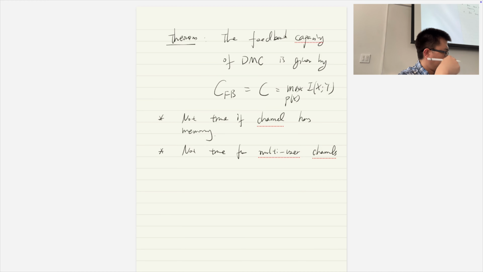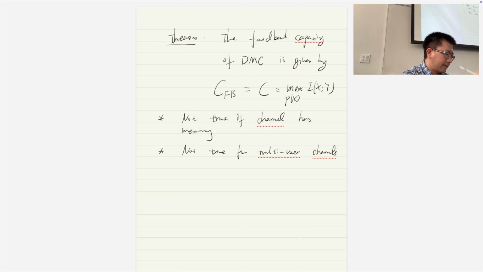Feedback can achieve much larger capacity. For example, let's say we consider a multiple access channel. Let's say our computer and our phone talk to the Wi-Fi access point at the same time. If I have feedback, then we can achieve higher capacity. So feedback can be useful.